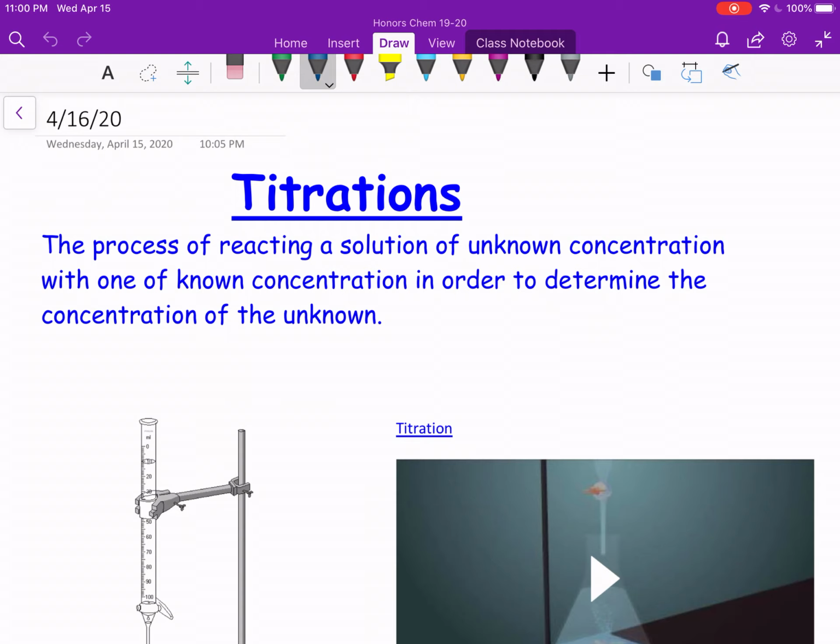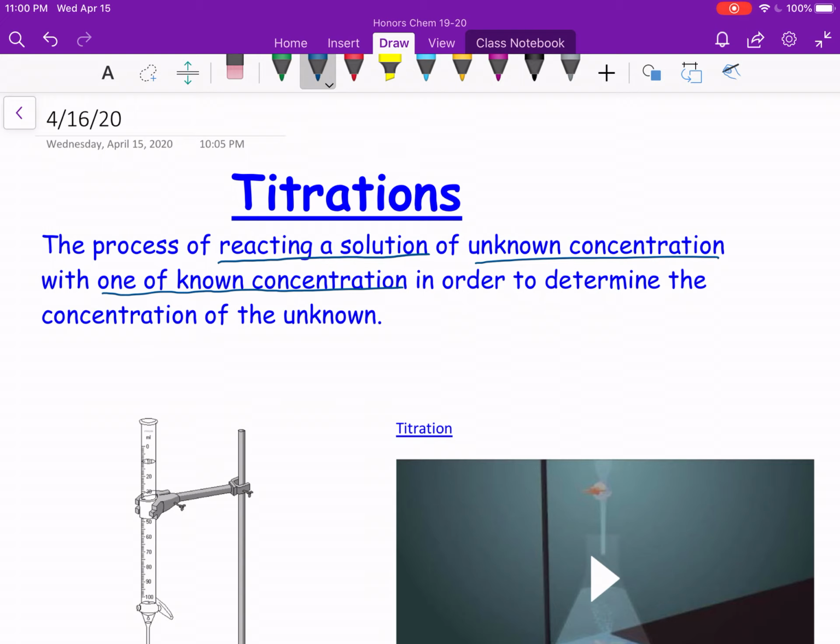Well, today we're going to talk about titrations because basically titration is just a technique that we can use in the laboratory where we can react a solution of a known concentration with one of an unknown concentration in order to determine the concentration of the unknown, right?